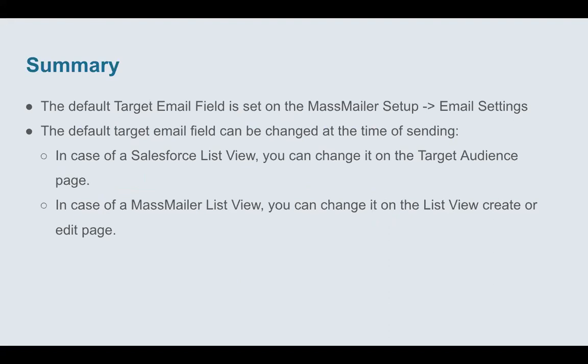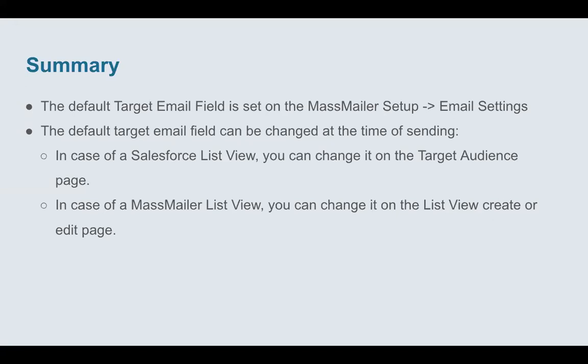Again, there's nothing additional setup that you need. So leave the standard default email settings as is, meaning if you already defined your target email field, the default field on the MassMailer setup. When you install the package, there's a default field already assigned for most of the objects.